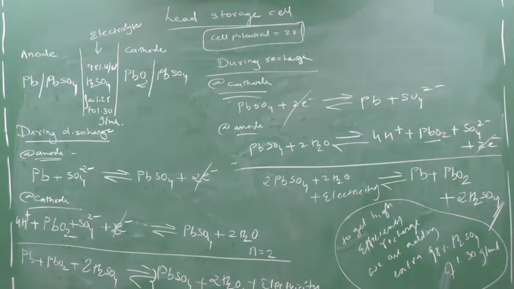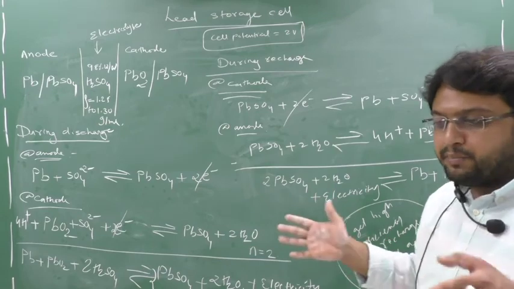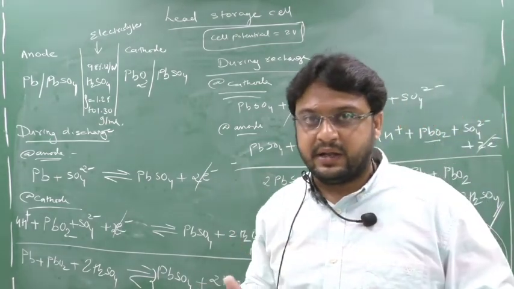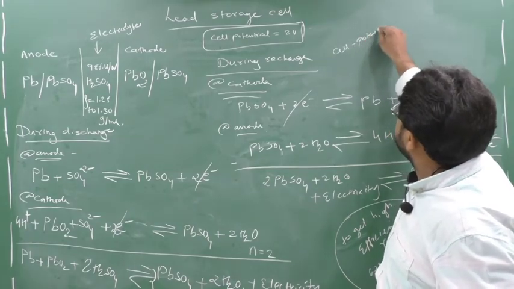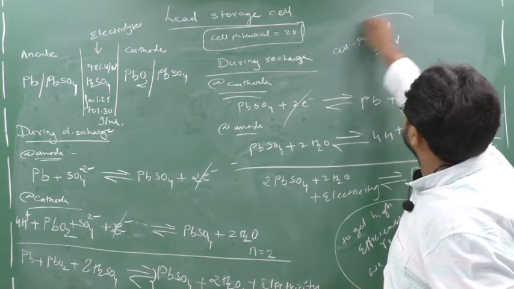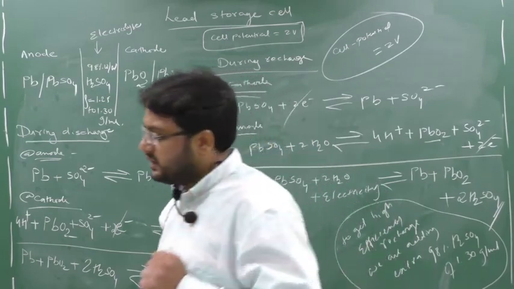A number of cells are connected and they are compacted in one box, which we are calling a battery, and the cell potential of each cell is nearly 2 volts.